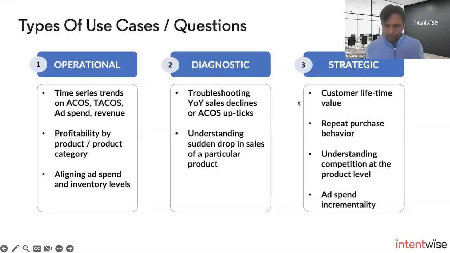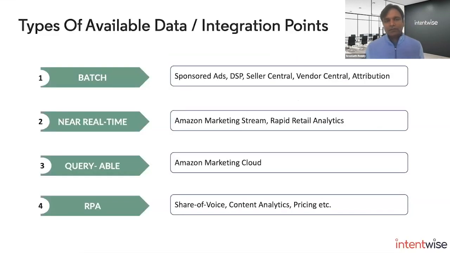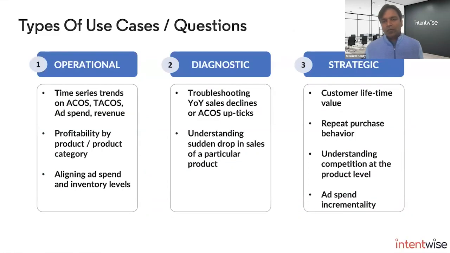Now the question is, with all the data being available, how is this valuable? How do you activate and get the most insights out of this? We think of this in 3. When I think about use cases and questions, I like to put them in 3 broad buckets. There's a whole operational bucket where really this is meant for you to get a good understanding of the business, right?